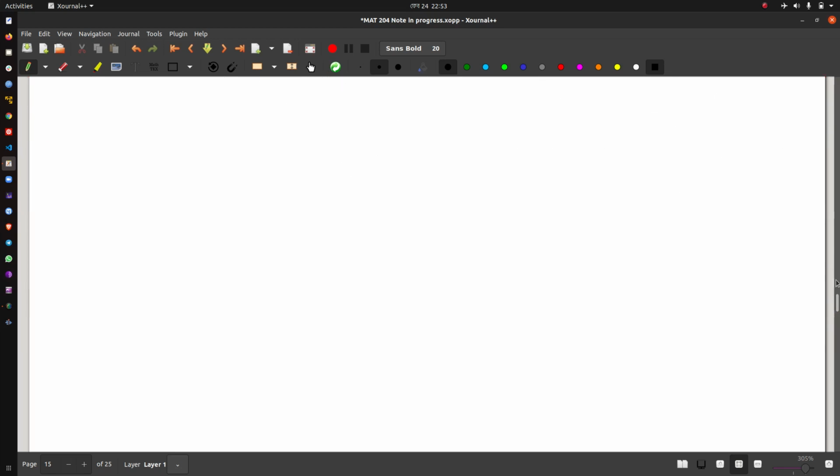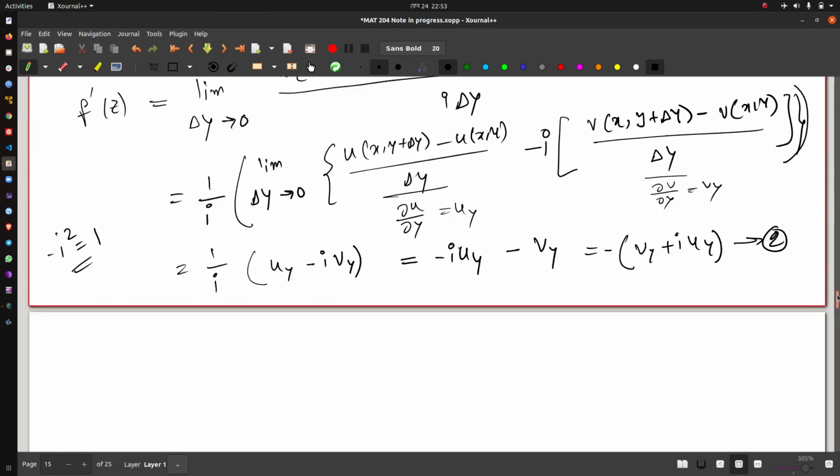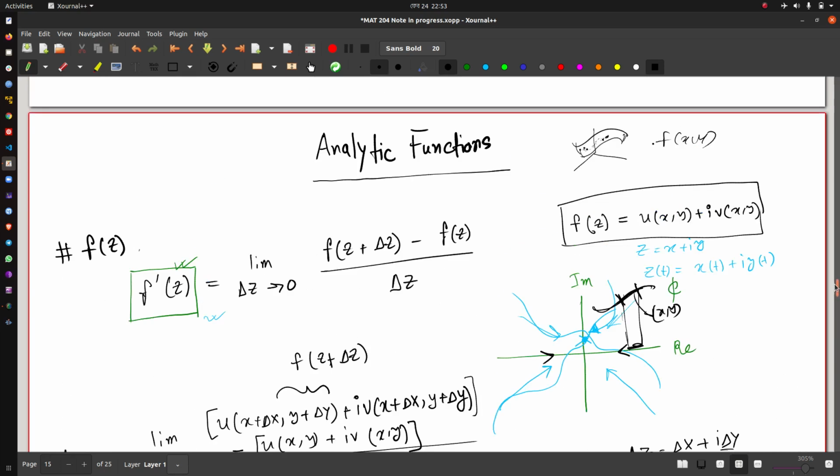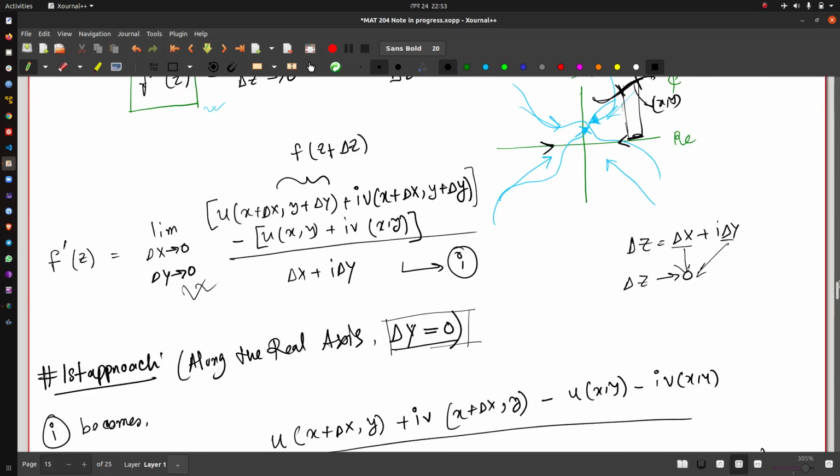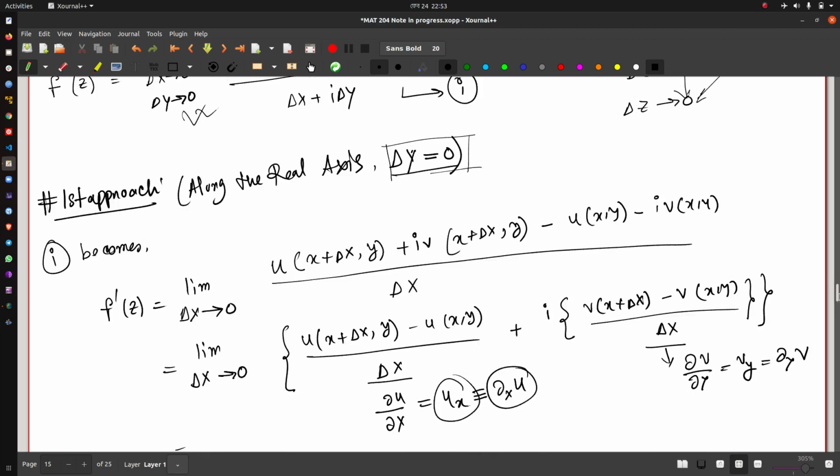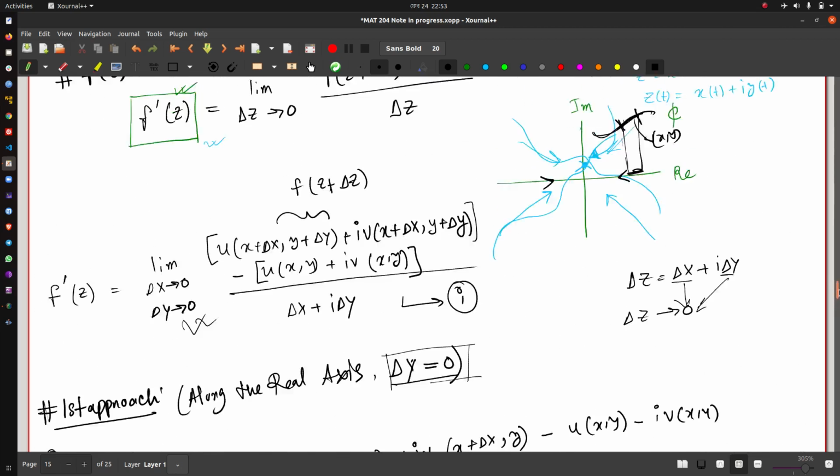But what was the condition for the derivative to exist? That it's independent of the way you approach it. That means the way you make changes in x and y, that means the direction itself. So why did we take only directions where we are either changing x or changing y? Because it's simpler to do this calculation and see it.